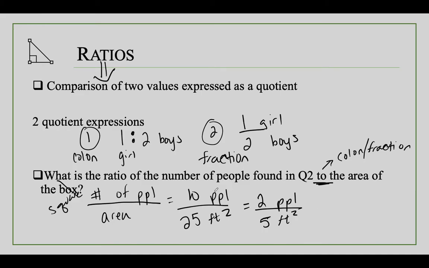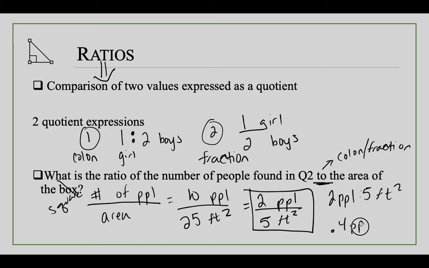So you can leave it as this, or you can put it in a ratio. So that's 2 people per 5 feet squared. Or you can actually just divide it out. So I would get 2 divided by 5 is 0.4 people per feet squared.